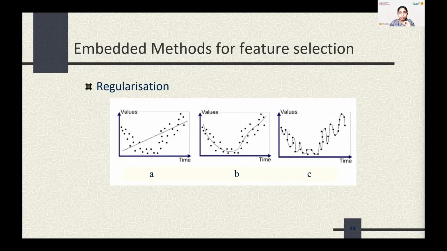Whereas in figure C, we have found a model, probably by increasing the complexity of that model, which can fit almost all the data points in my data set. But by increasing my model complexity, I have found a model that fits perfectly for what I have in hand.